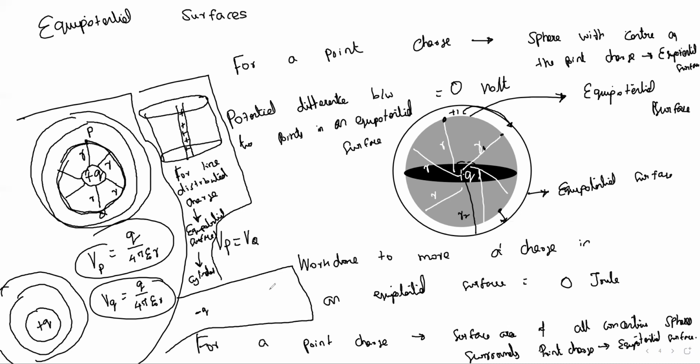That is minus q and this is plus q, so this is the dipole. This is an equipotential surface for minus q, and this is an equipotential surface for plus q. But if you just try to draw a big circle surrounding the plus q, it may not be an equipotential surface, because it can be influenced by the minus q also.